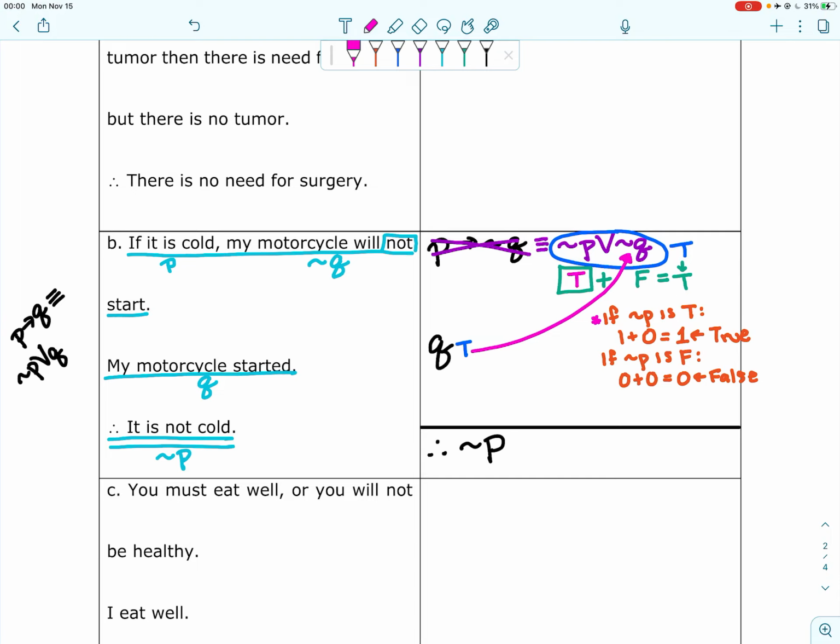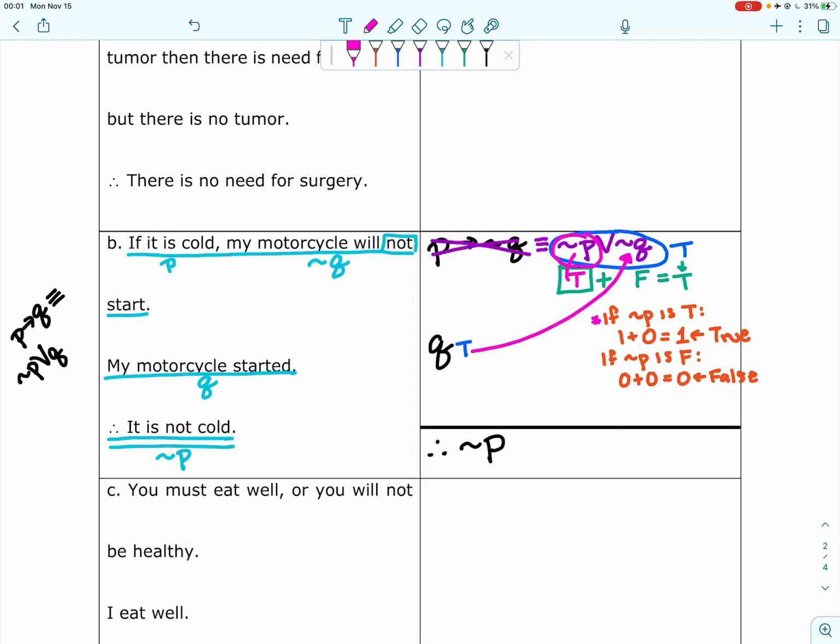This has to be true, because if they're both false, then the statement is false. But we know the statement has to be true. So not P is true.